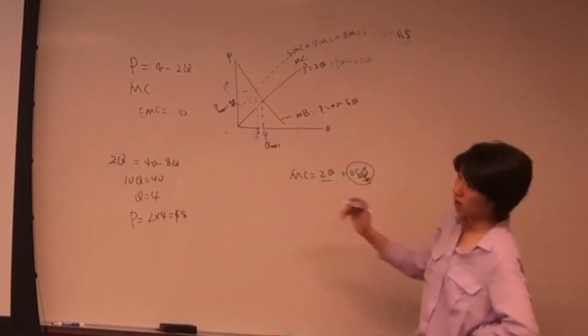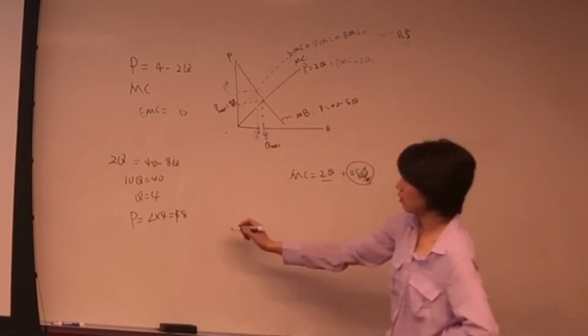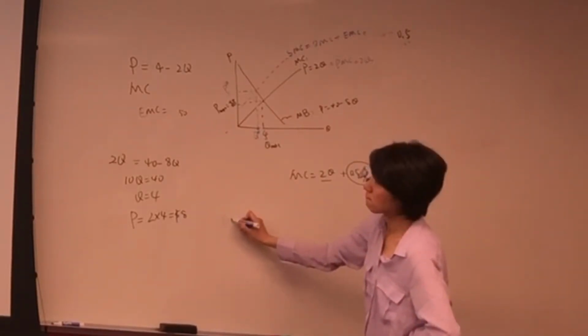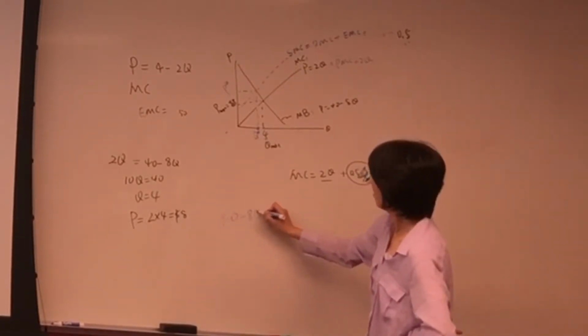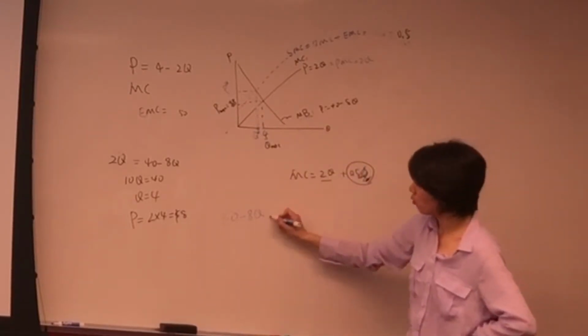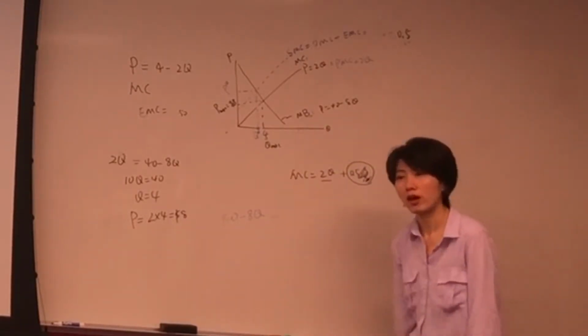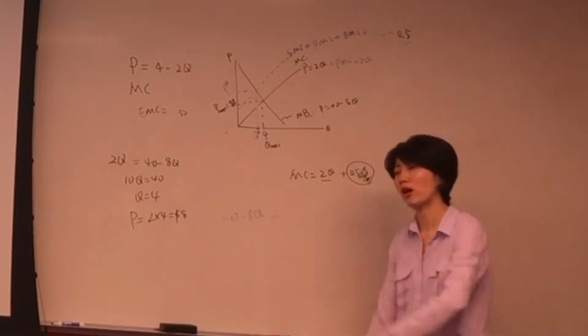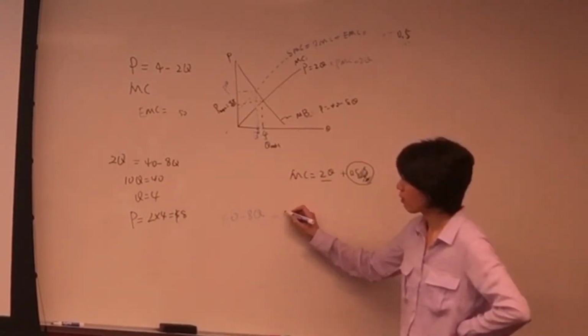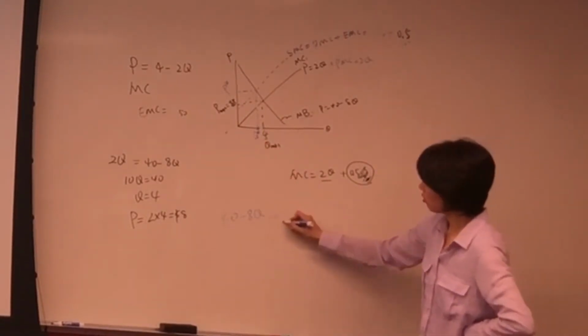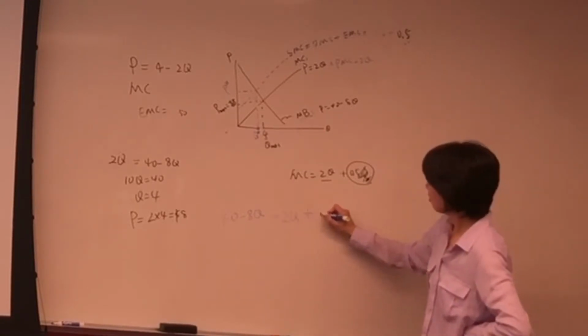In numbers, 40 minus 8Q doesn't change. Marginal benefit equals social marginal cost. When you take the private and social cost into consideration, it will be 2Q plus 0.5.